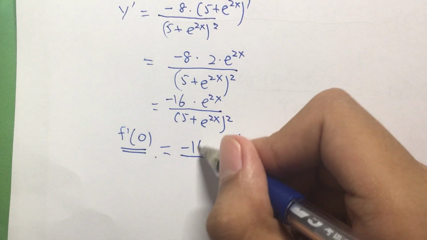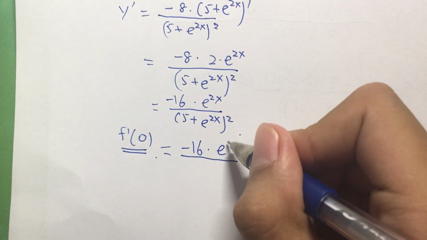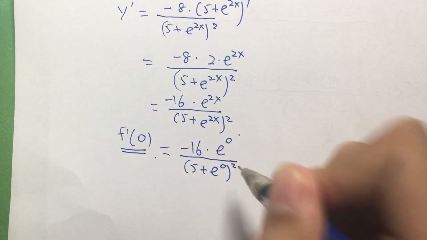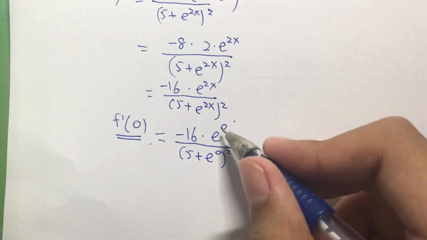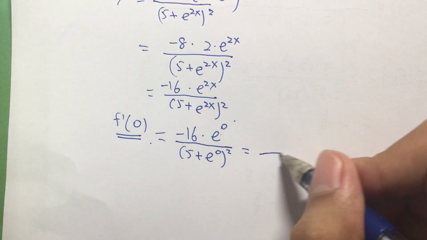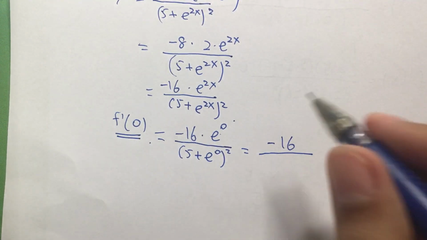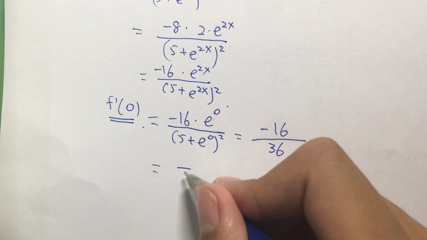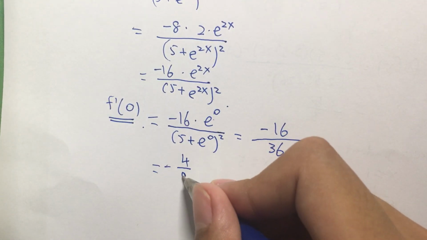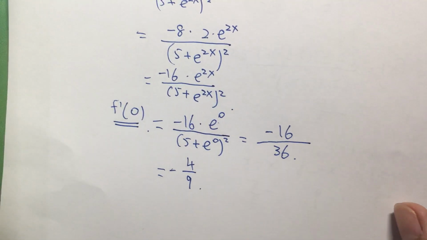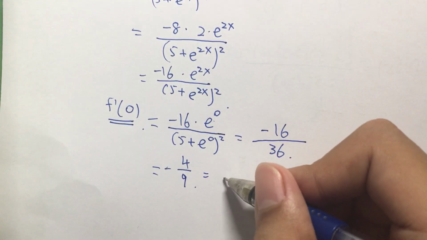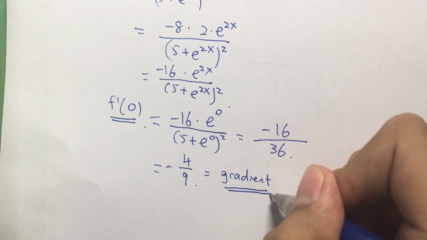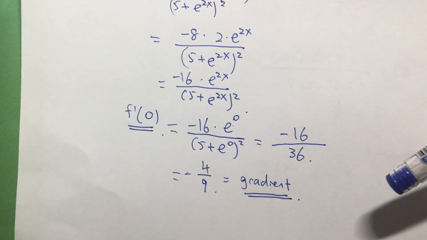It becomes negative 16 times e to the power of 0 over (5 plus e to the power of 0) bracket squared. And we know e to the power of 0 is equal to 1, so this becomes negative 16 over 36, which is negative 4 over 9. And this is our gradient. And we solved it.